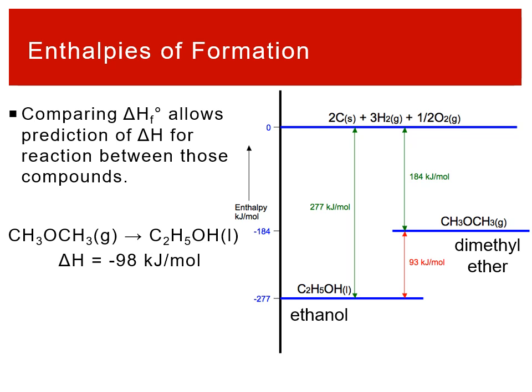What we can do is use these enthalpies of formation to think about reaction enthalpies. Again, all about state functions. Say I'm interested in the change in enthalpy of going from dimethyl ether to ethanol. That would be one reaction step. I can instead reconceive of that as: what happens if dimethyl ether becomes its elements?